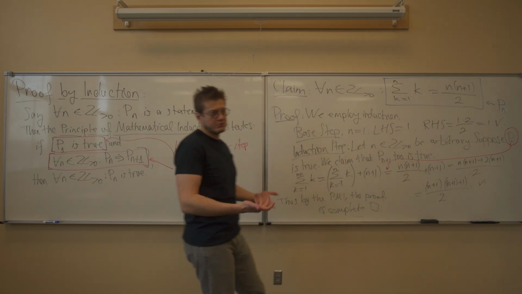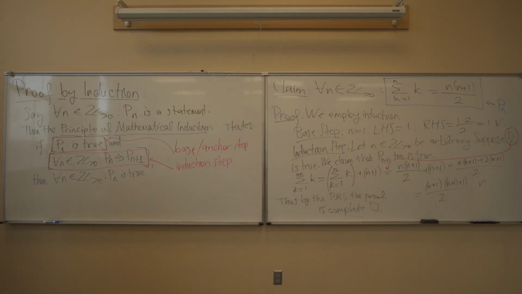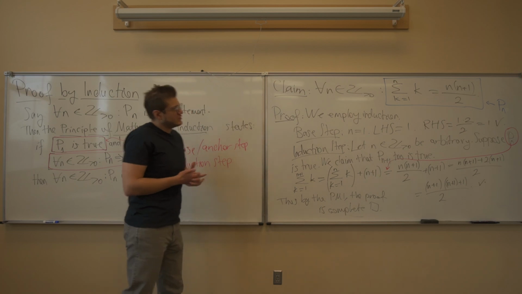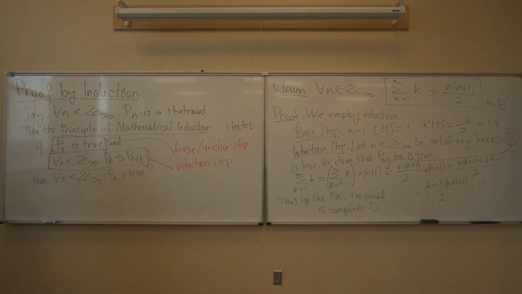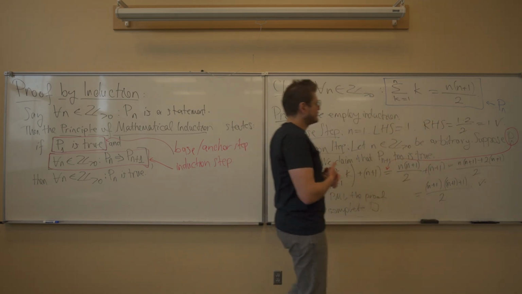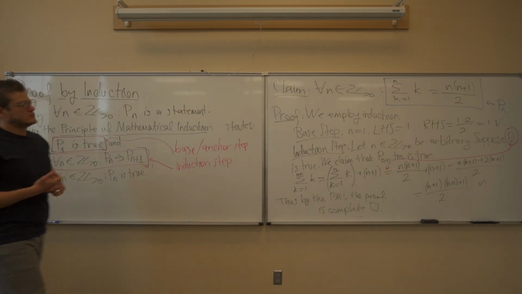So that was a direct proof. This is just a different proof. Now it turns out that given a certain statement, sometimes direct proofs are easier, sometimes induction is pretty much the only thing you can do. Especially when it comes to sums like this, induction is very, very powerful, I think.